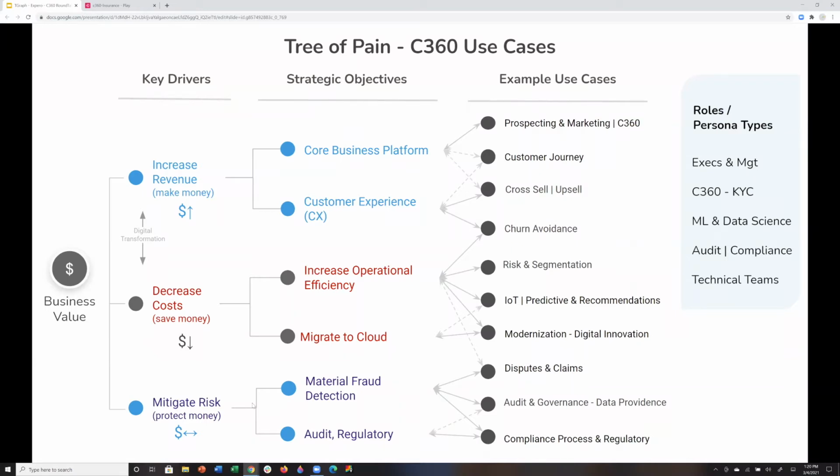We need to cut costs, drive revenue, and mitigate our risk. Those never change, regardless of where we are in the world and how we do that. But over on the right, we now see this intertwinement for Customer 360. There's a very fine line as it moves into a positive or negative experience, it turns into churn, it could be risk, and then ultimately down to compliance and audit.